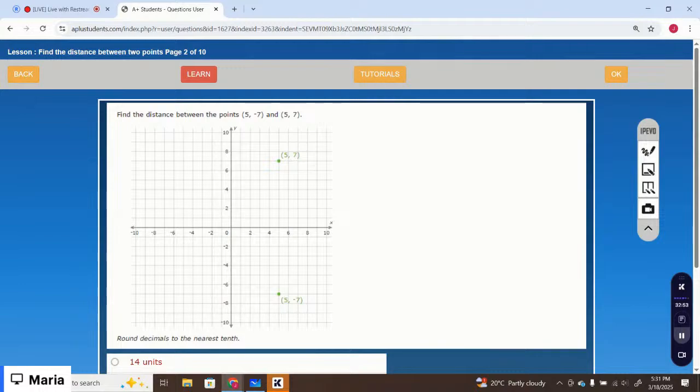Find the distance between the points 5, -7 and 5, 7.